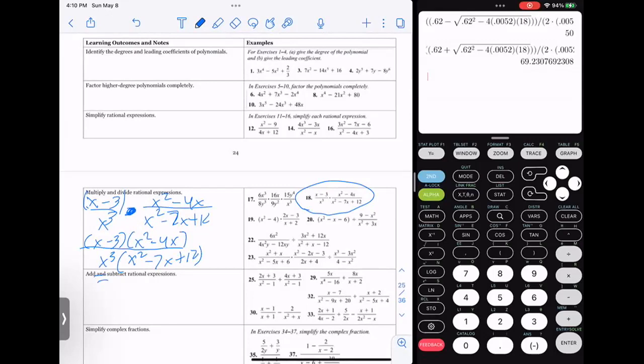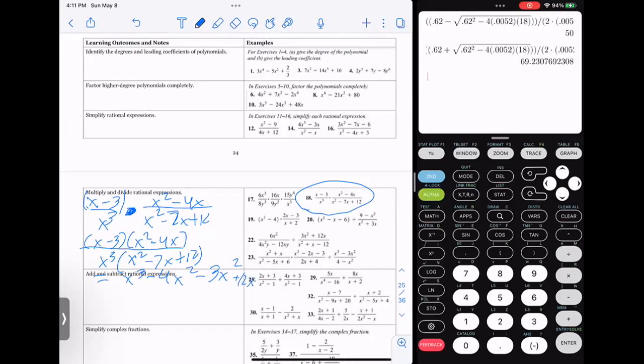So x times x squared is x cubed. x times negative 4x is negative 4x squared. Negative 3 times x squared is negative 3x squared. Finally, negative 3 times negative 4x will equal positive 12x.